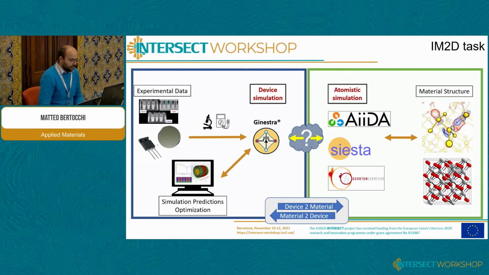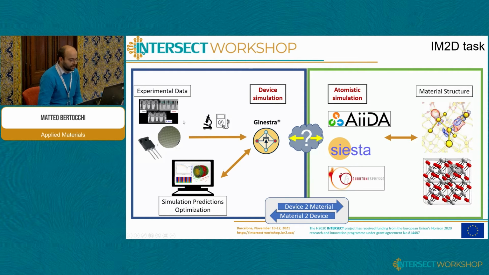So we have already discussed yesterday about device simulation and atomistic simulation. They are two different areas with a lot of connection between them. Usually, if we want to study or simulate devices, we can start from experimental data.